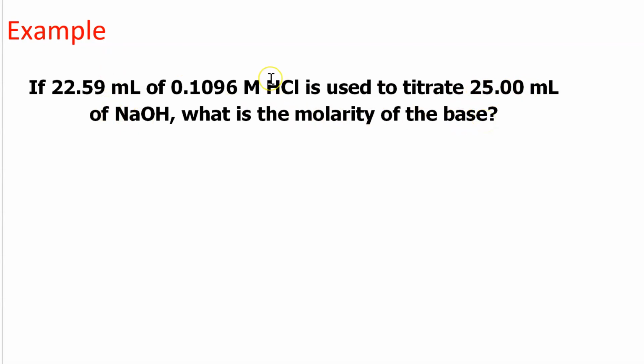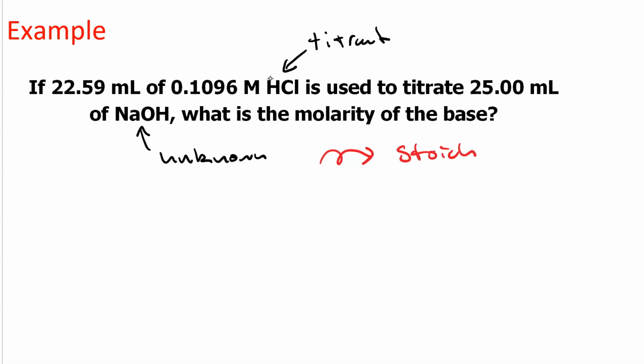So the HCl is the titrant, and the NaOH is the unknown. You can approach this just like a stoichiometry problem. So, we can write a balanced chemical equation first of all.